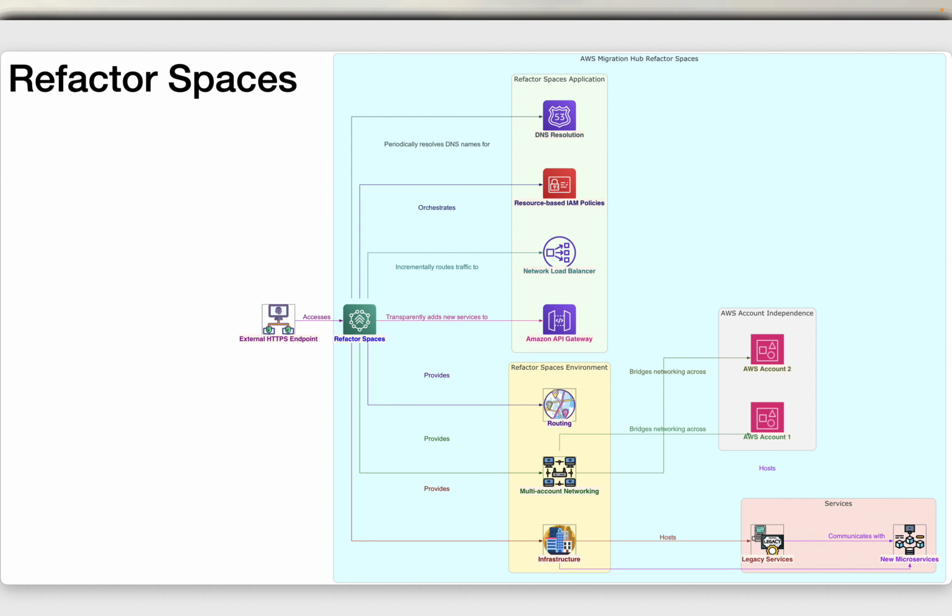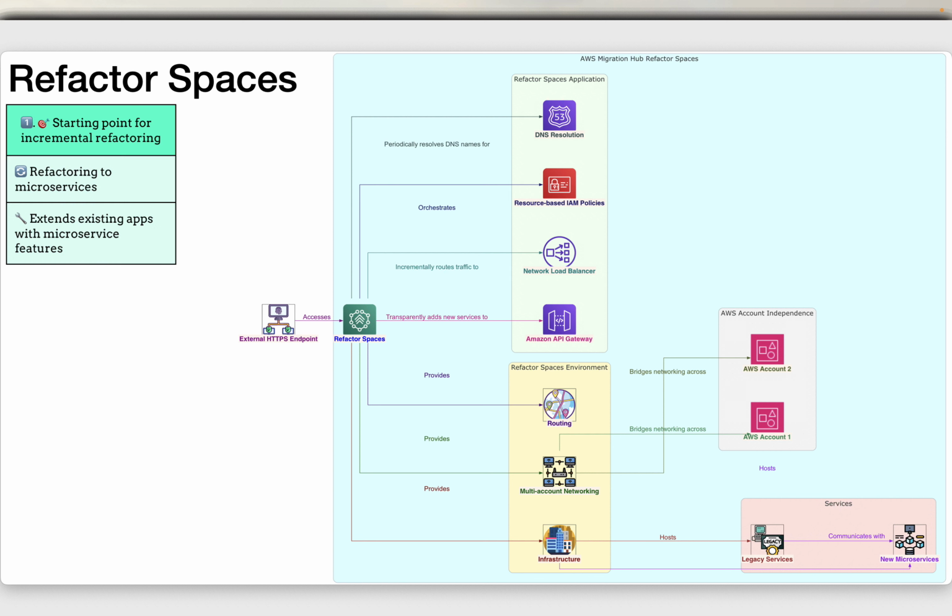Okay, now there is an important component, refactor spaces within Migration Hub. AWS Migration Hub refactor spaces serves as the starting point for incrementally refactoring applications to microservices in AWS, helping reduce risk when developing applications into microservices or extending existing applications with new microservice based features.